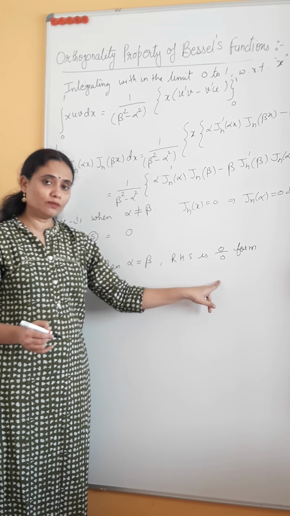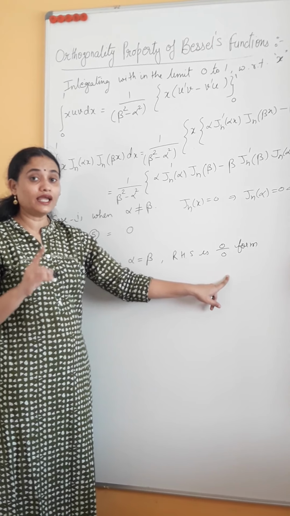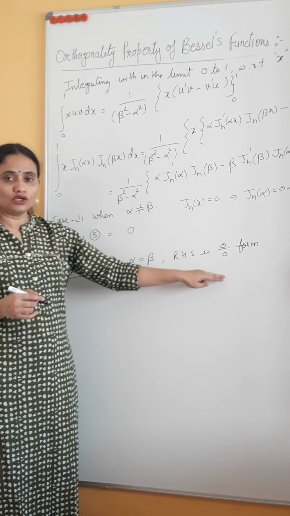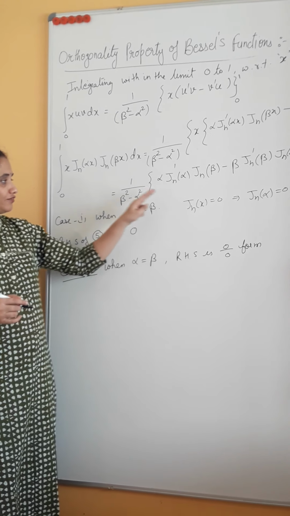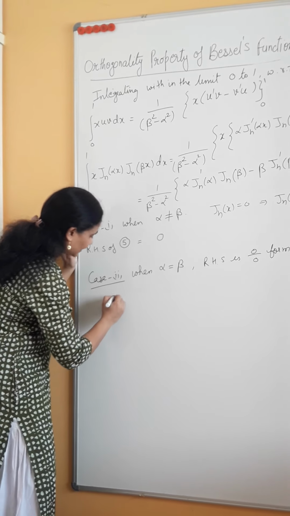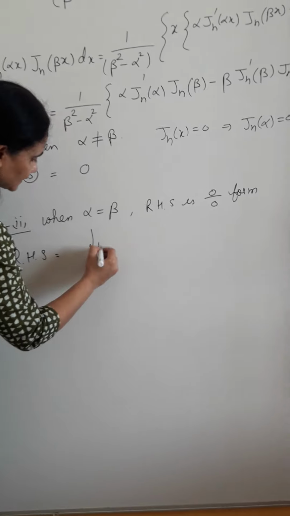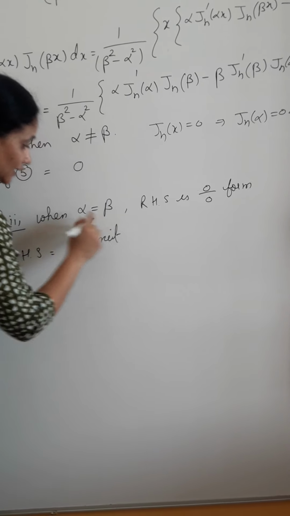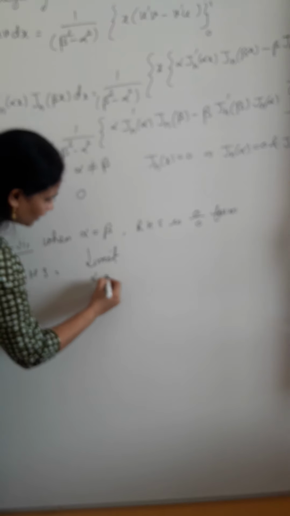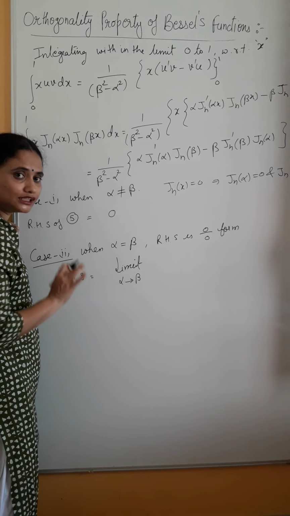Whenever we reach 0 by 0 form, which formula do we have to apply? We have to apply L'Hospital rule, L'Hopital rule also sometimes we call it. So L'Hospital rule says differentiation of numerator divided by differentiation of denominator. So right hand side is limit. Now what is the limit here? When alpha is approaching beta. When alpha tends to beta, when both become same, then only it becomes 0 by 0 form.